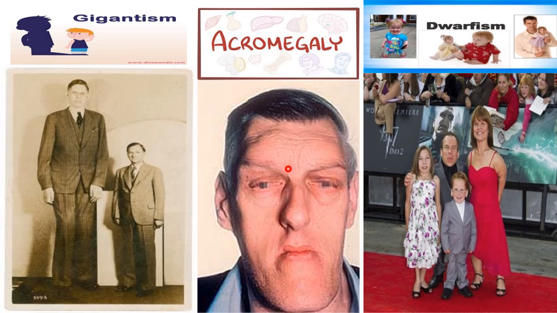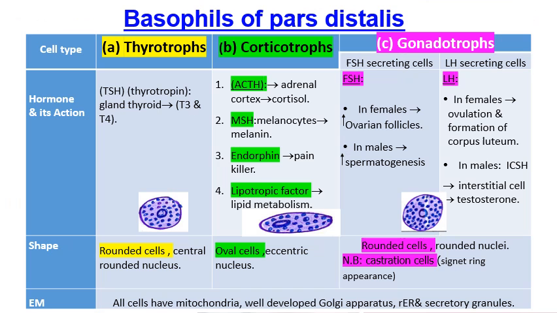This patient has enlarged parts in his body, mainly the peripheral parts, so called acro: his mandible, nose, ears, hands, and feet, and also has enlargement in internal organs, like the liver. While dwarfism is short stature due to a decrease in the secretion of growth hormone.